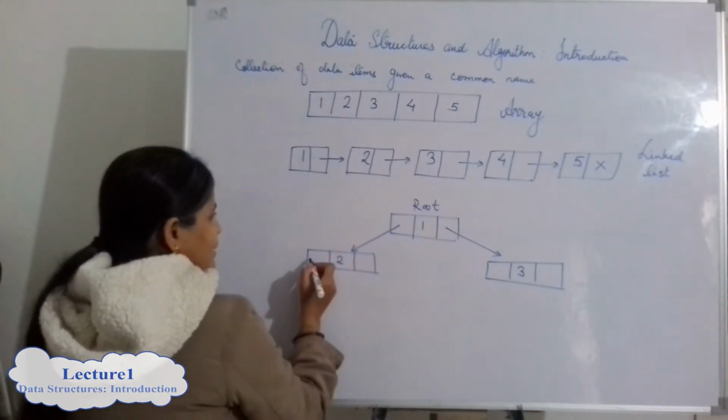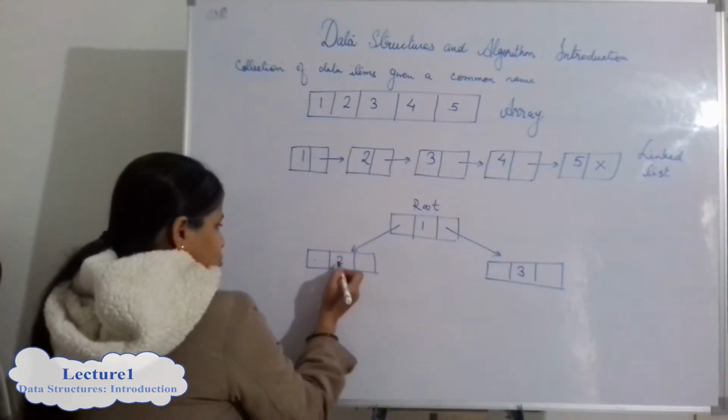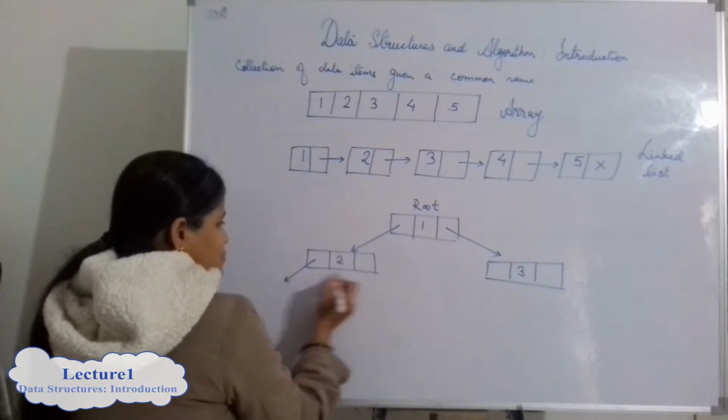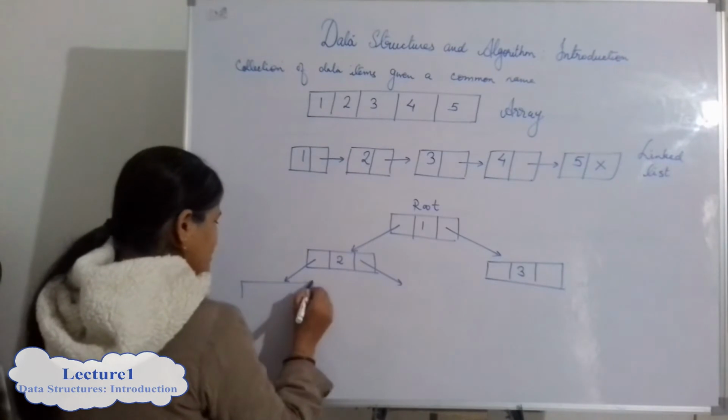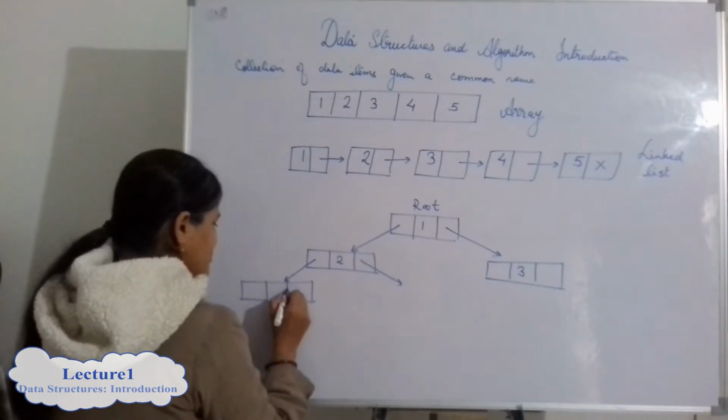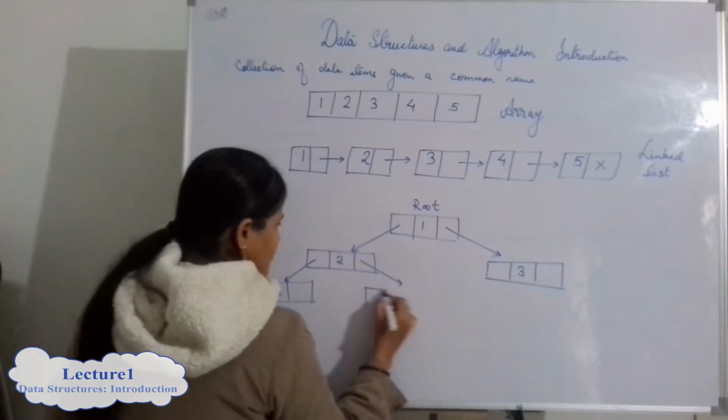Okay. 2 contains again 2 addresses, left pointer and right pointer. It points to 3 and 4.